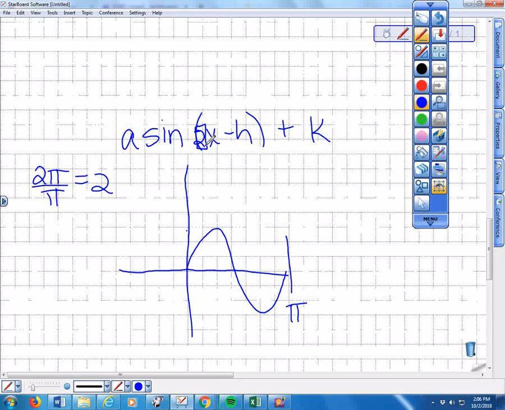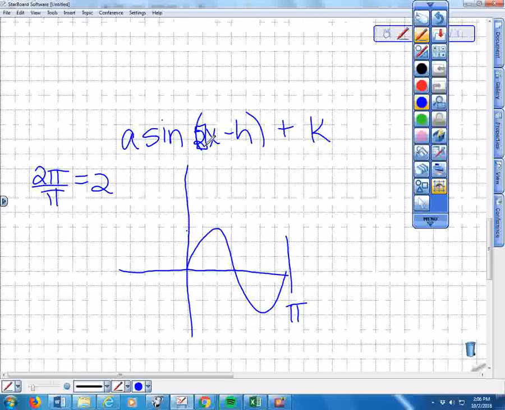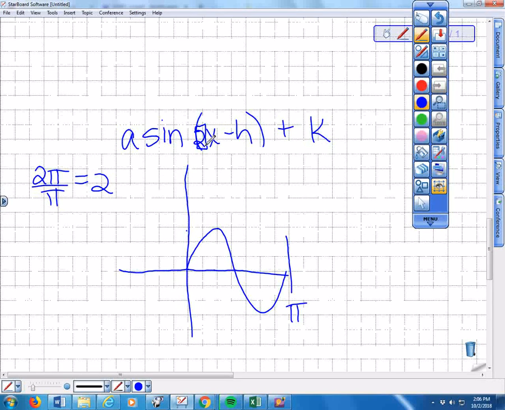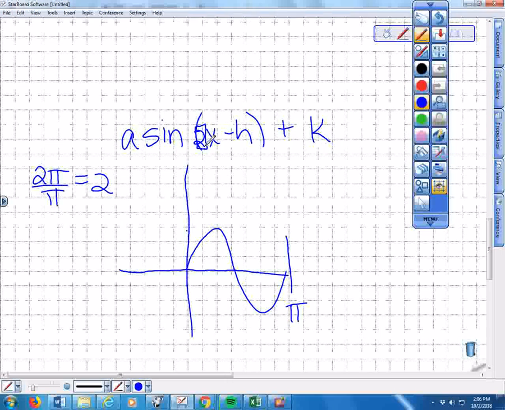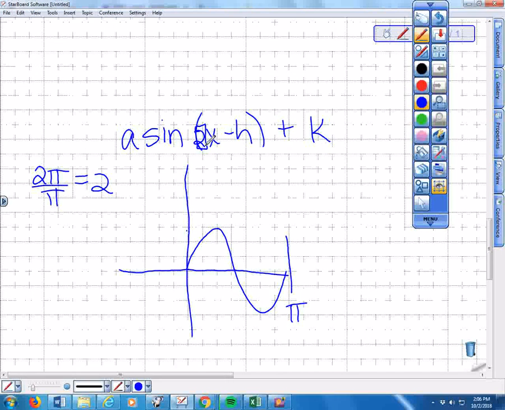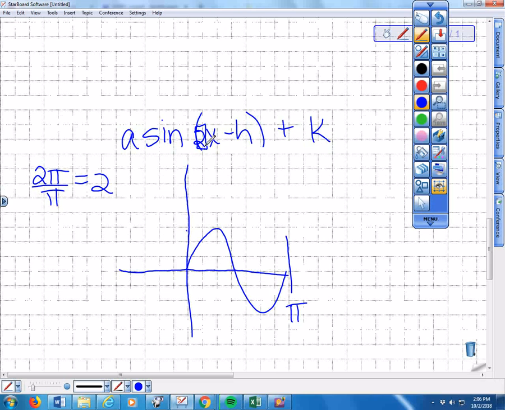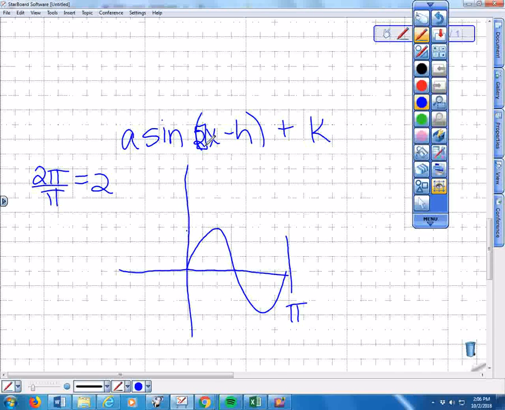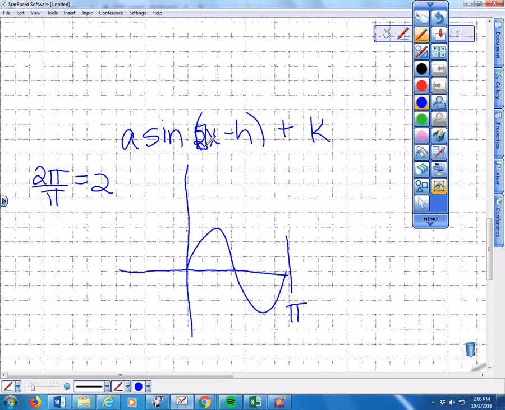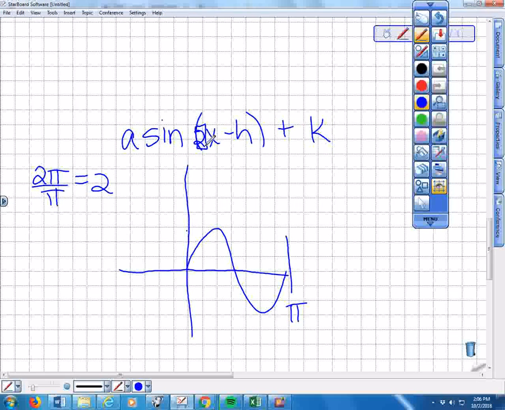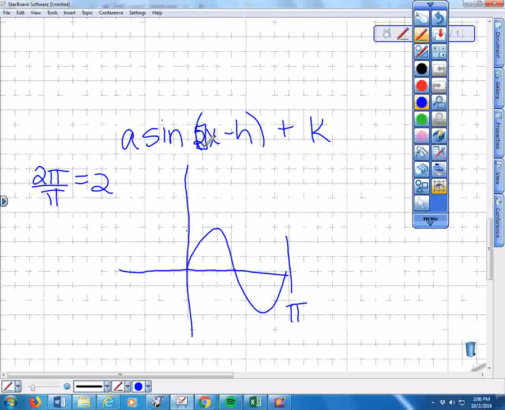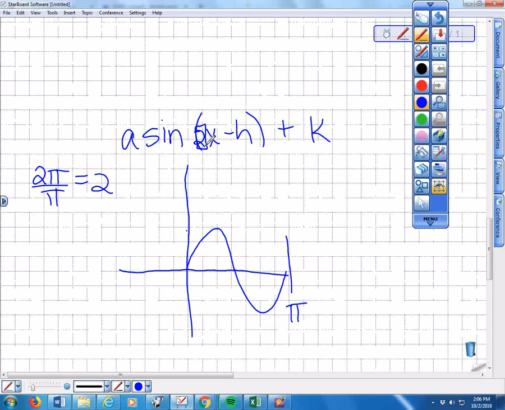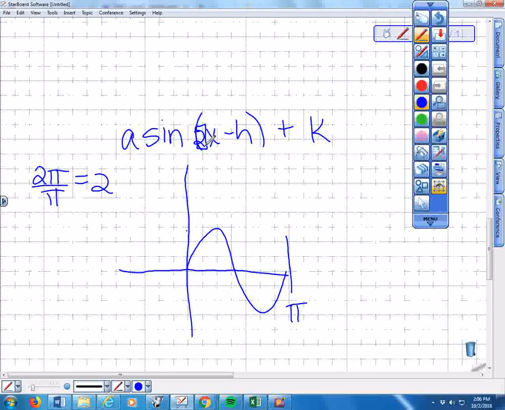Okay, and my hints with graphing tangent, cotangent, secant, and cosecant: start with your asymptotes, because we know where the asymptotes are if it's got a regular period, if it's doing it in pi or in 2 pi. So take your asymptotes and figure out where those need to be in the new period. So if instead of 2 pi it's pi, wherever all your asymptotes were, you're going to divide those by 2 to add in those additional asymptotes. Does that make sense?